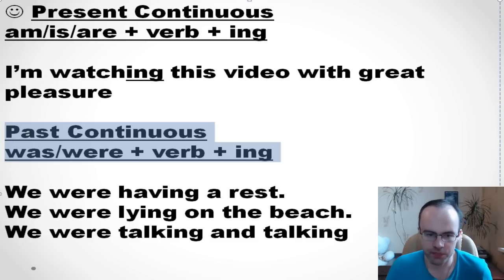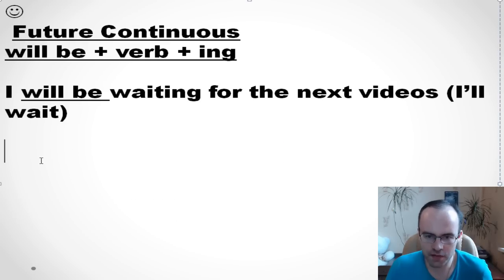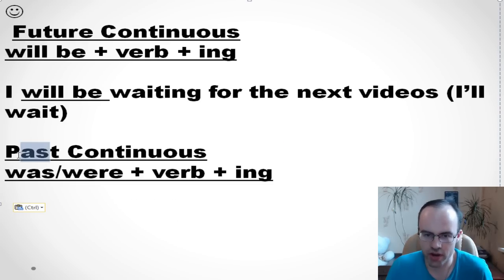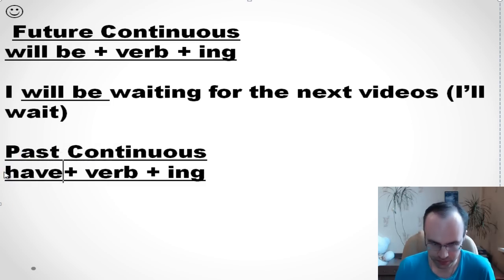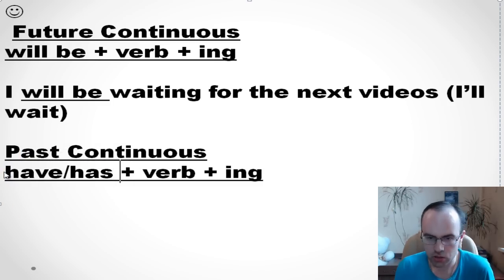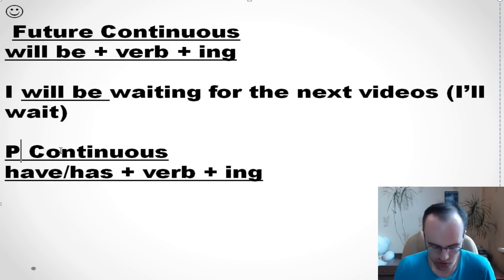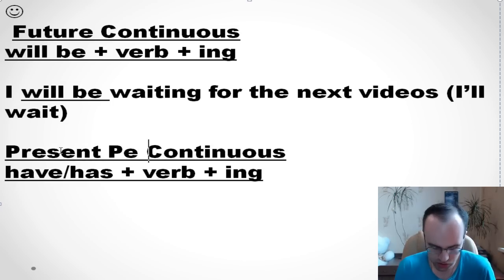So if we have verb plus ing after have or has, we call it present perfect continuous.